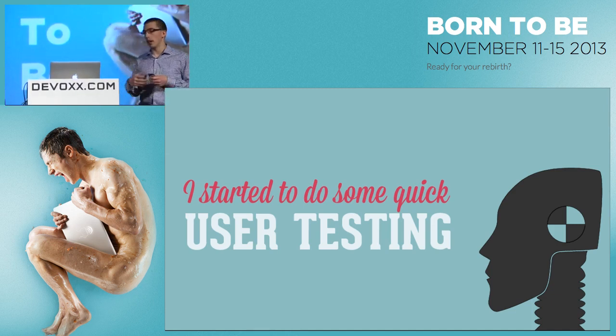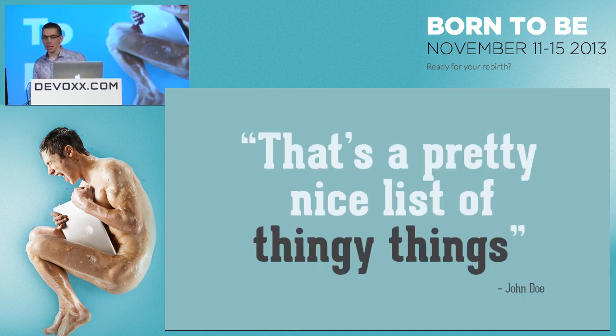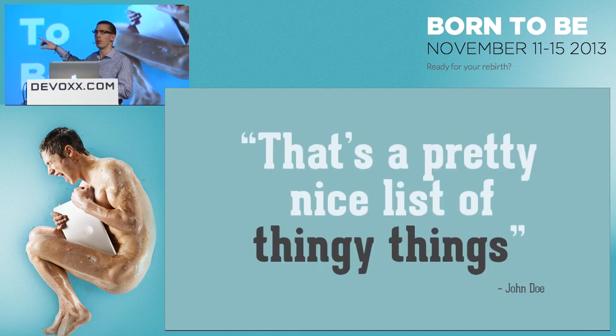So I found someone, well, not found, I forced someone, my wife, and she ended up saying that. It's my wife, but she doesn't want me to talk about her, so I used John Doe. And she said it's a pretty nice list of thingy things.